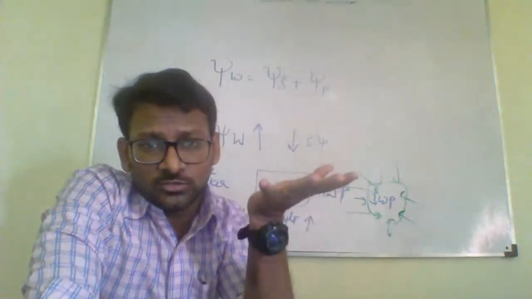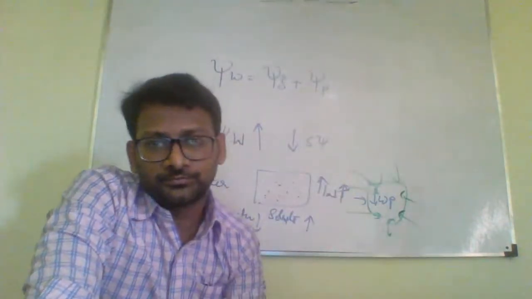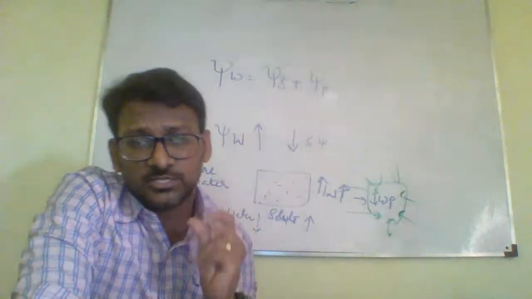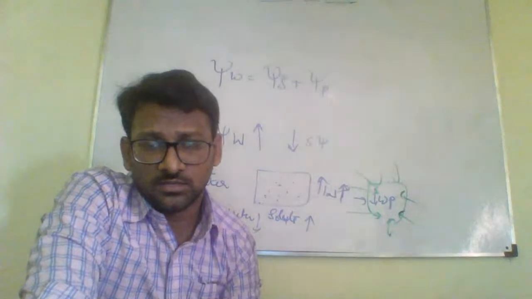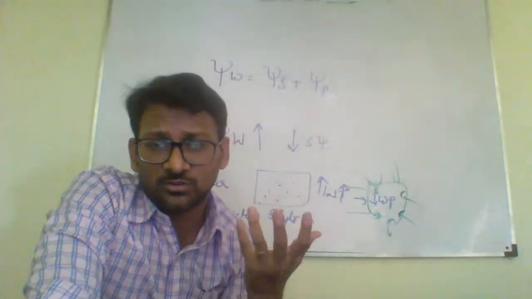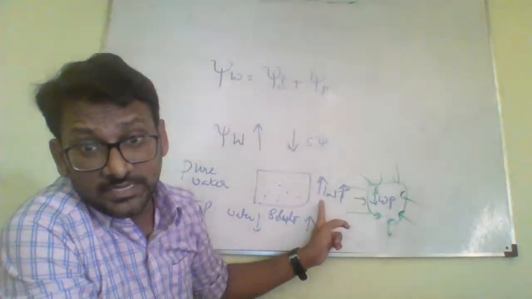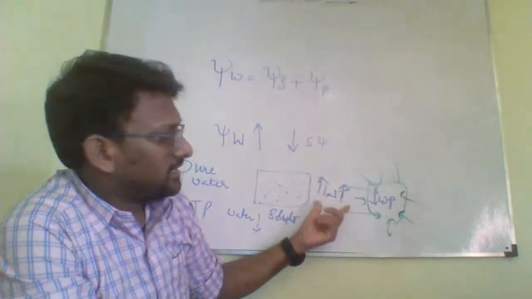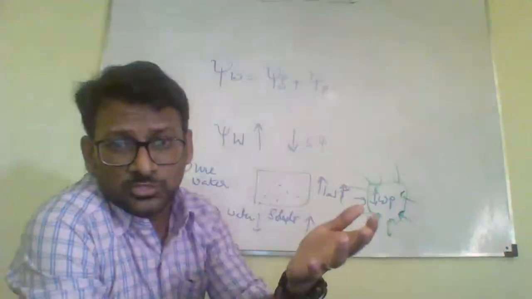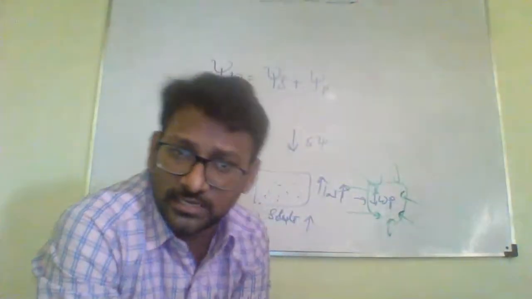If more number of solutes are there, obviously the water potential comes down. In that way, these statements can be asked as correct or incorrect statements also, so you should be very careful. However much we revise, even 100 times, it will not be useful. But you can write like this, as we write equations for the linkage concept in genetics. Like that you can write some relations, directly proportional or inversely proportional, and then it will be very easy to recollect.